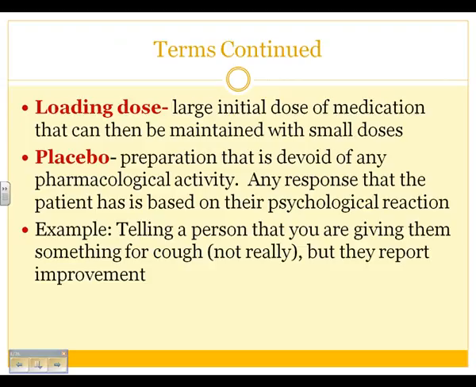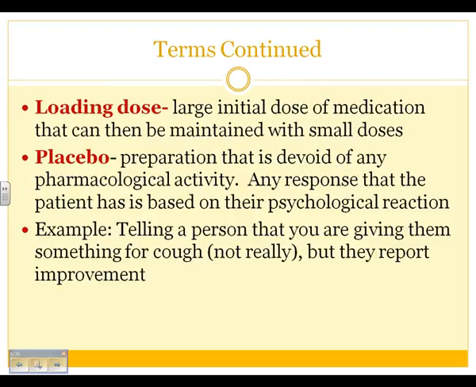Okay. A few more little terms we need to go over. Loading dose. A lot of times when patients come in, we will give them a loading dose, which is a large initial dose of the medication. Like, for instance, if somebody comes in with a blood clot, okay? We want to get their blood thin really quick because we don't want any further problems.